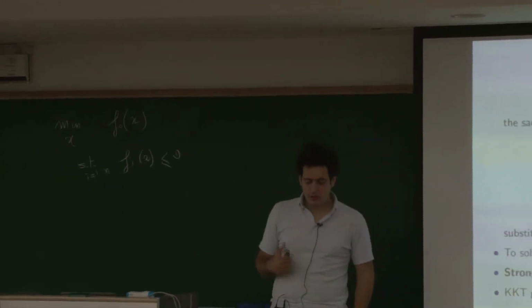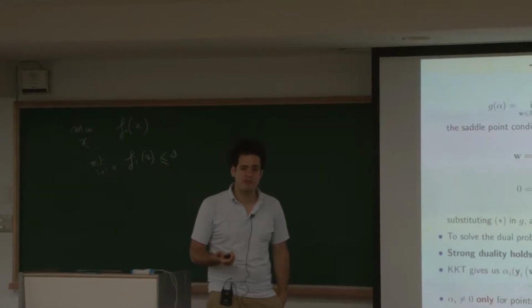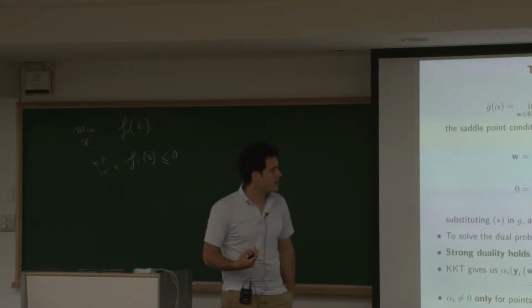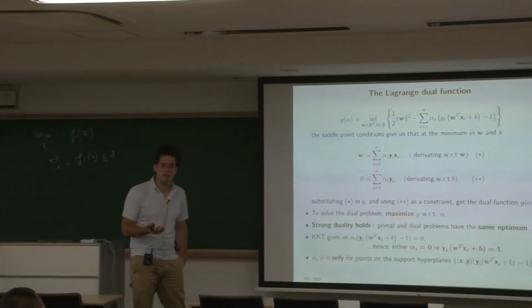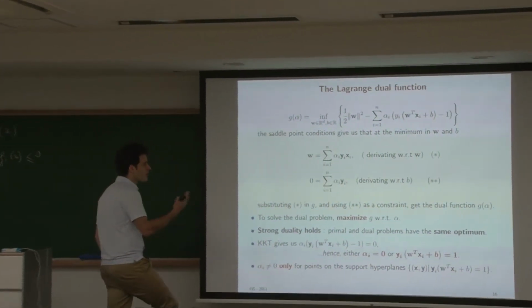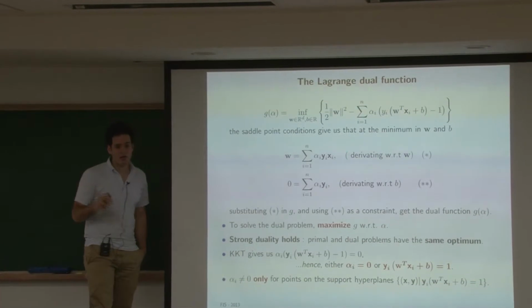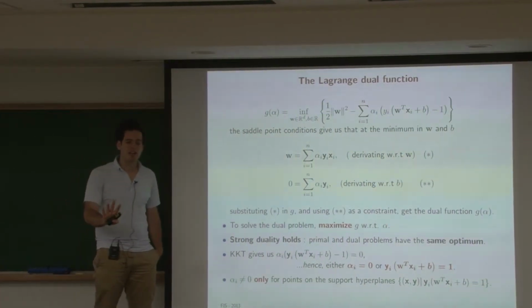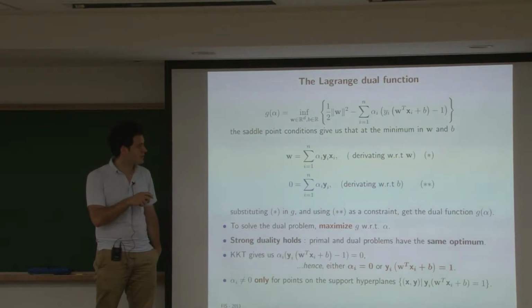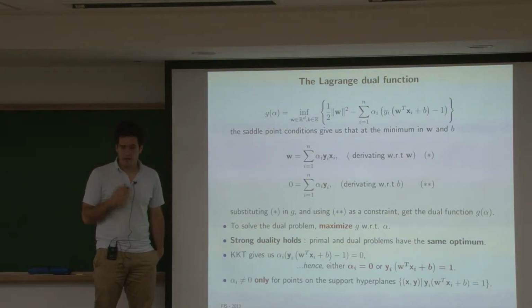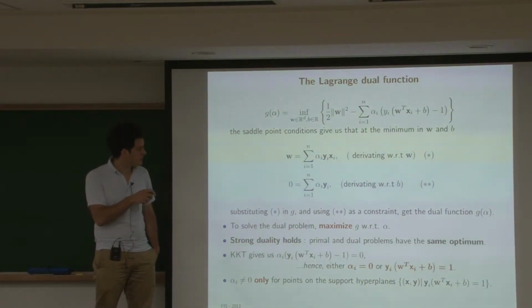So once we have defined such a Lagrangian function, what we consider is a Lagrange dual function. So for a second, we're going to forget about W and b, and we're going to focus exclusively on alpha. And the Lagrange dual function is defined as follows.